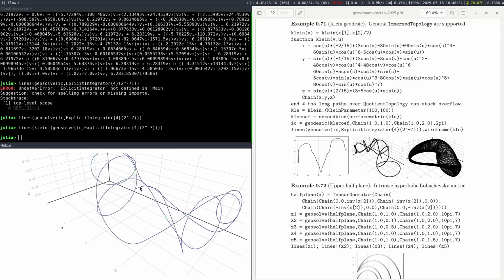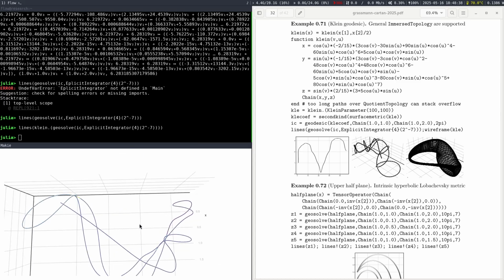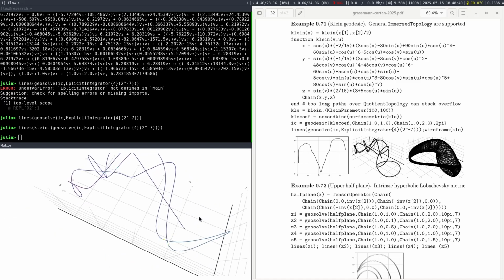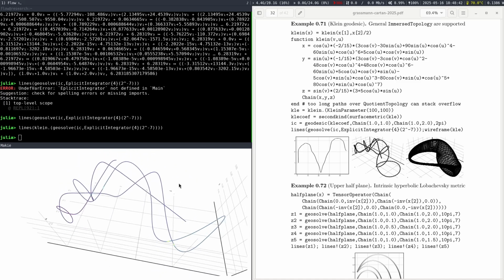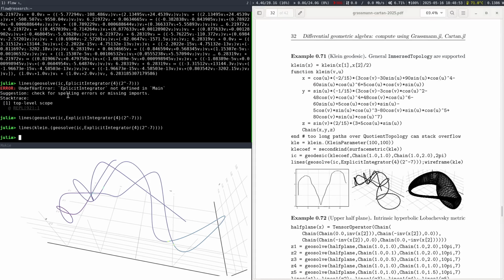So there you go. And let's look at the wireframe.